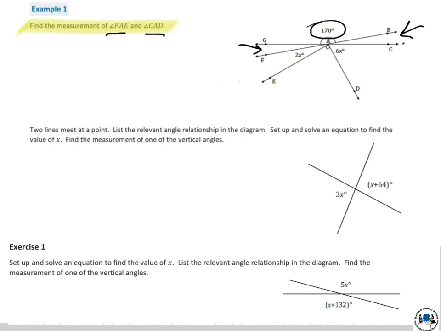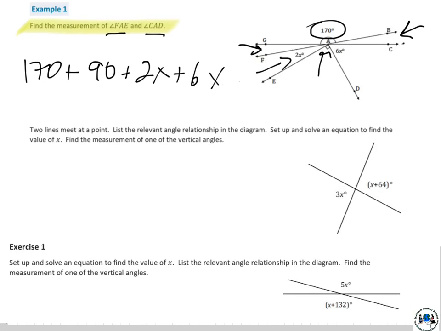angles here and here, because we know 170. We could have done 170 plus we had 90. Okay, and then we had 2x and then 6x. Okay, and then we had these other two unknowns, so those are actually both the same.